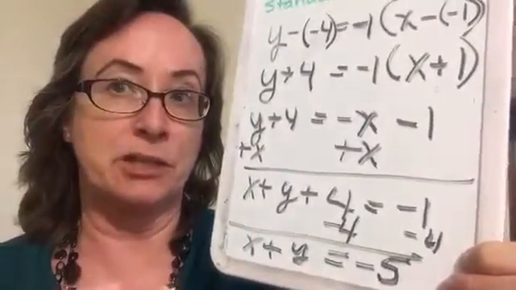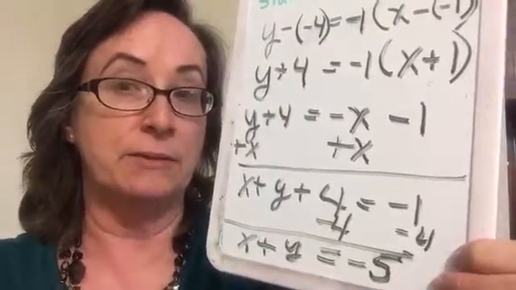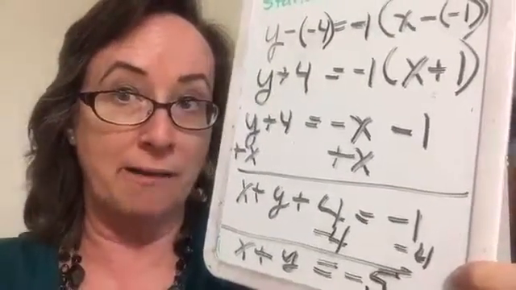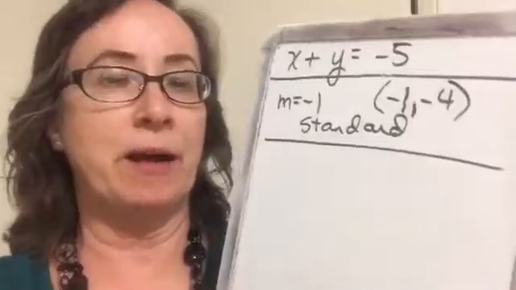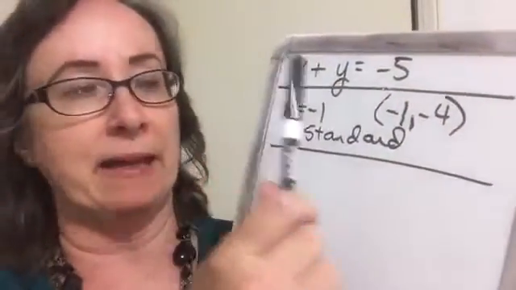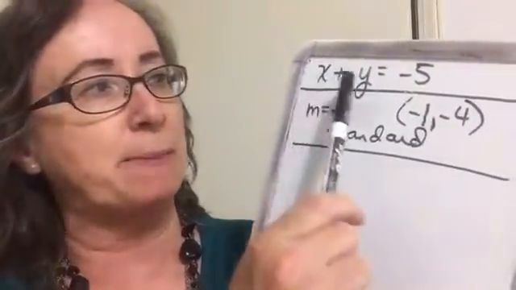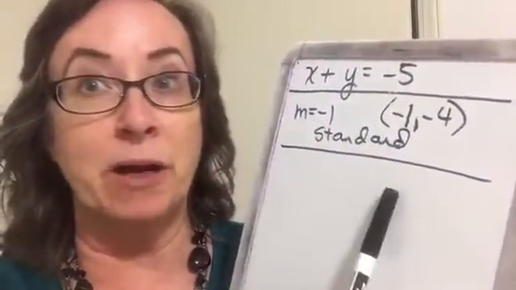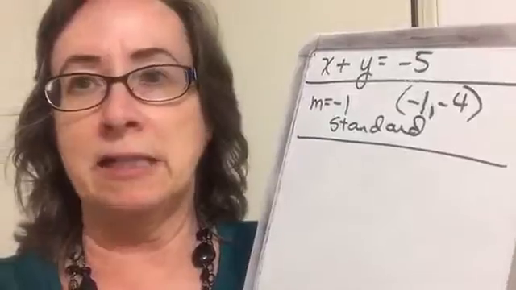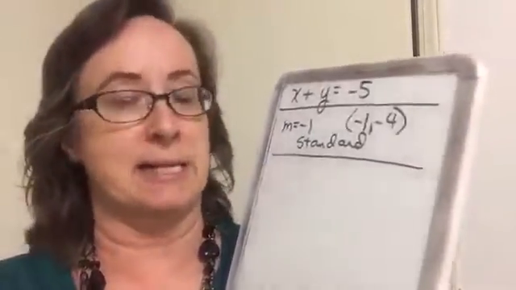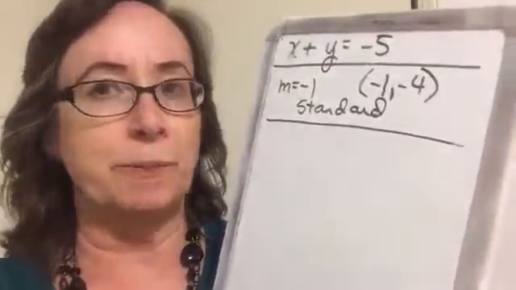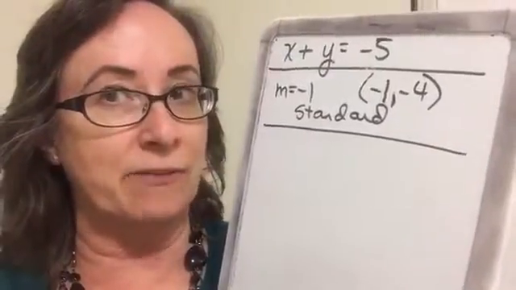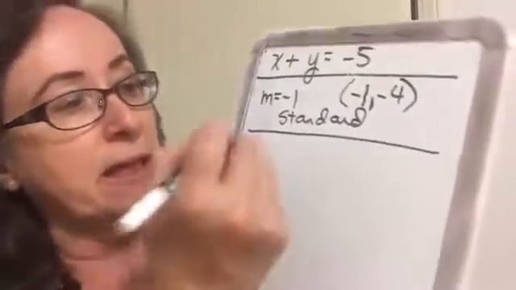Okay, now we're going to come back and show you another way to do that using the slope-intercept formula of the line. So here we are, and I have put the equation we just found, x plus y is -5, up at the top here. And I'm starting the problem over with the slope and the point, but I am going to use the slope-intercept form of the line just to give you an alternative method.